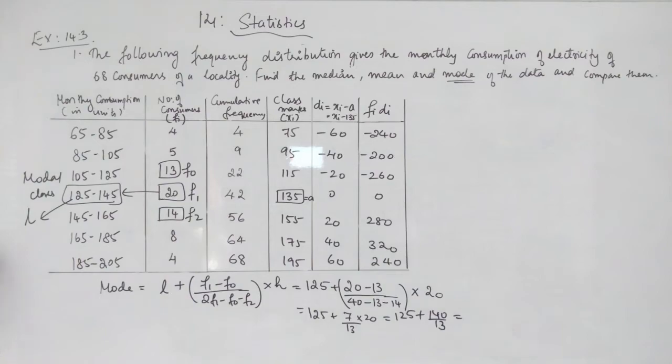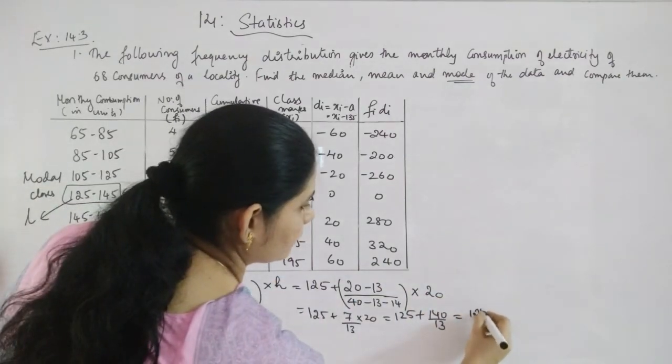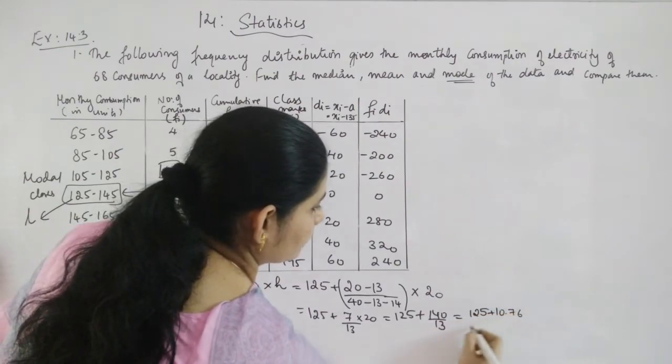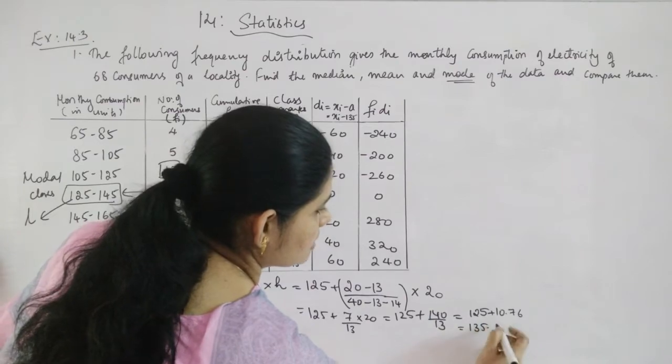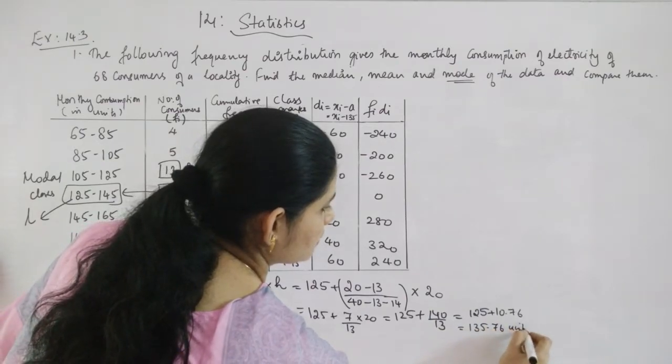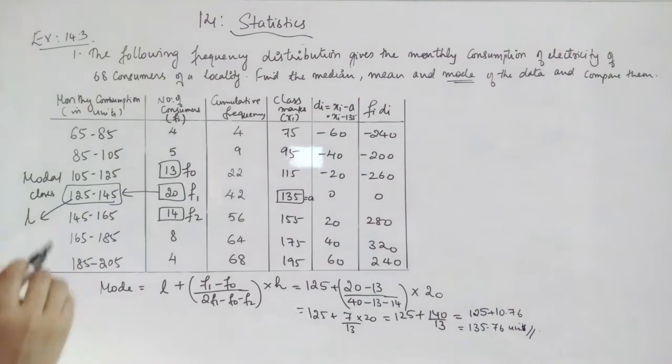Again 125 plus 10.76. So you are getting 135.76 units as the mode. Okay, so you can see that all the three, comparing them, are approximately nearby values, right?